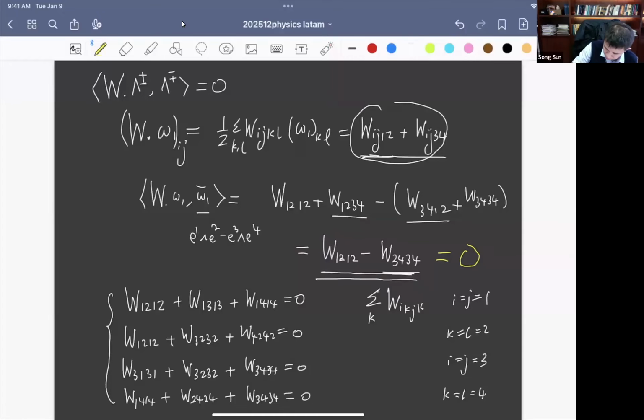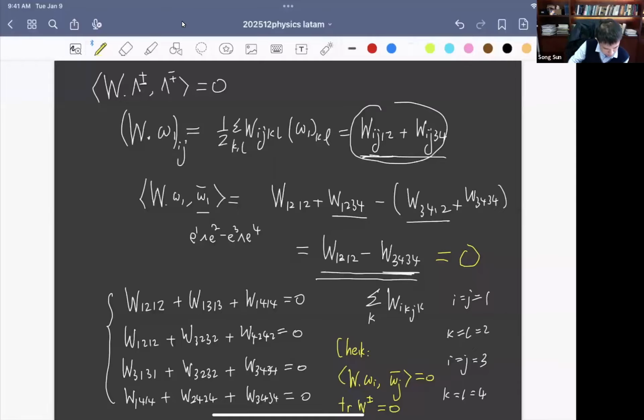So check that W omega I with any omega J bar equals 0, omega 1 with omega 2 bar, and that for W plus and W minus the trace is 0. It's just elementary linear algebra.